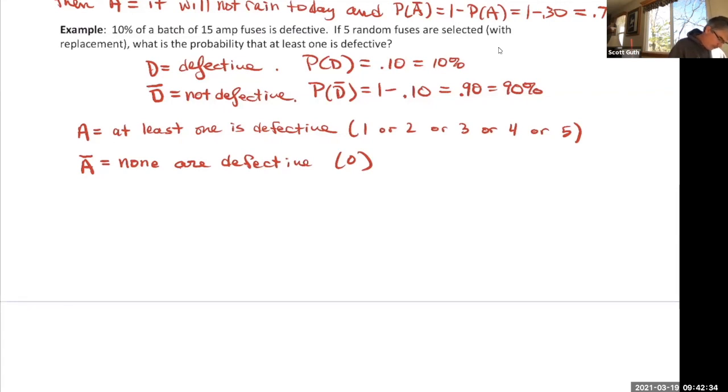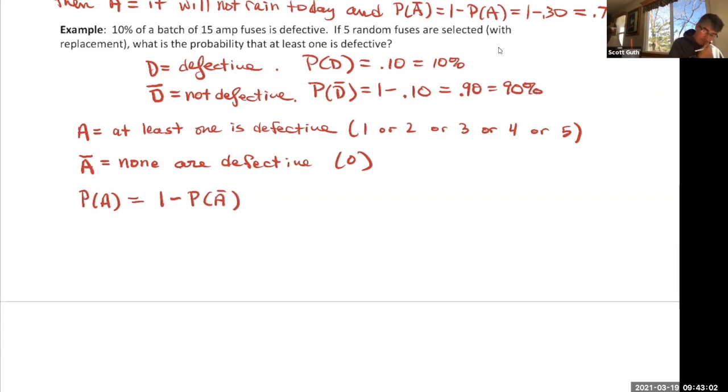So let's do it this way. Probability of A is the question that they're asking us to compute. We don't want to do it because A is this 1, 2, 3, 4, or 5 defective fuses, super complicated. So it's easier to do just 1 minus the probability of the complement where none are defective.